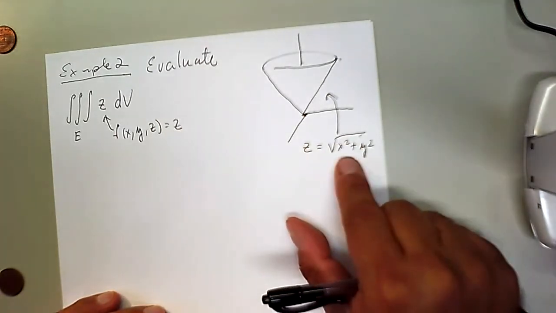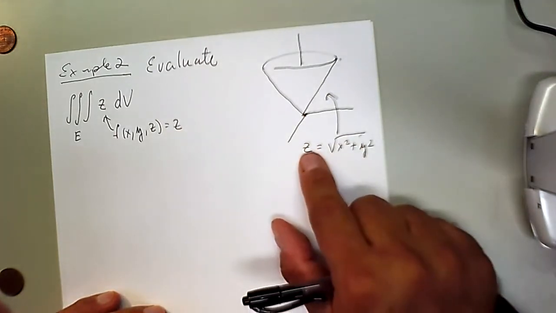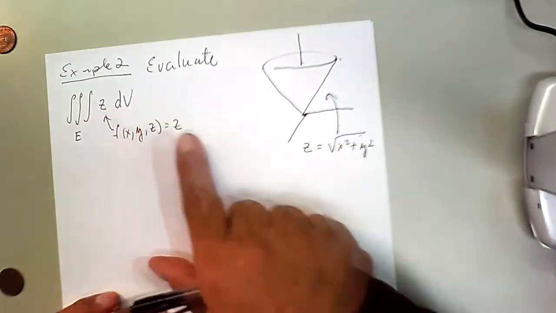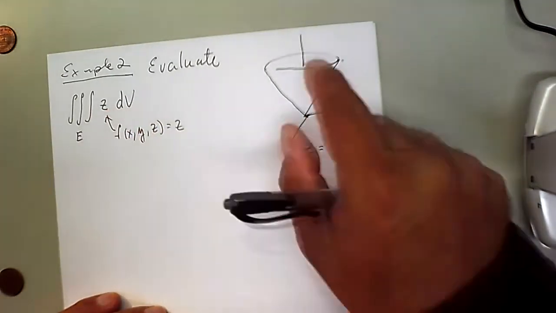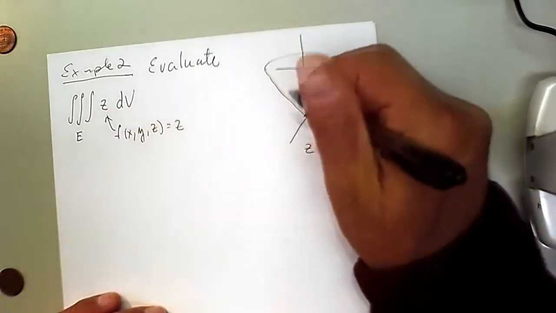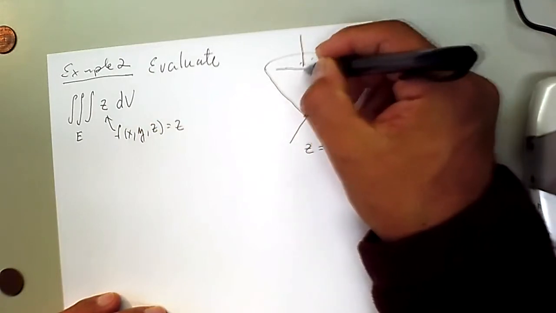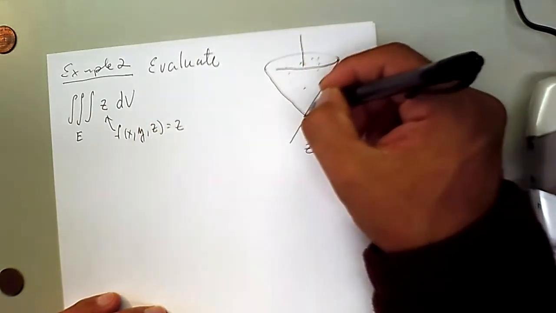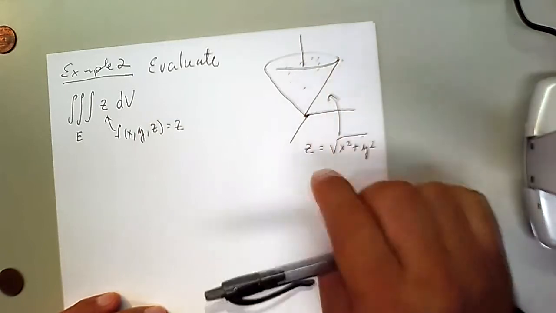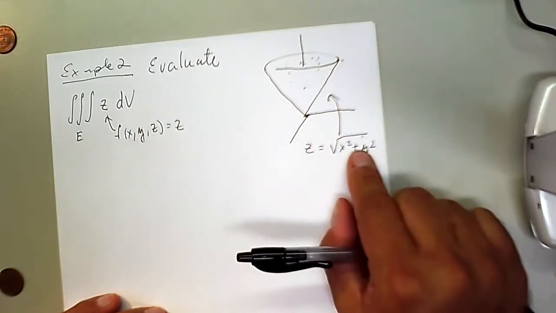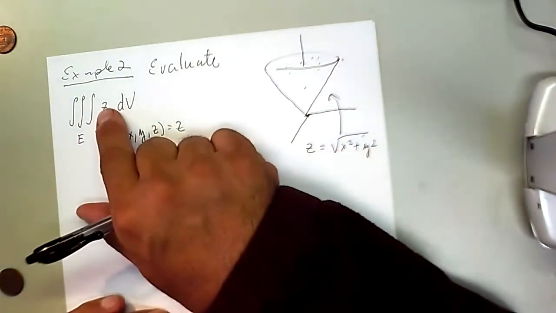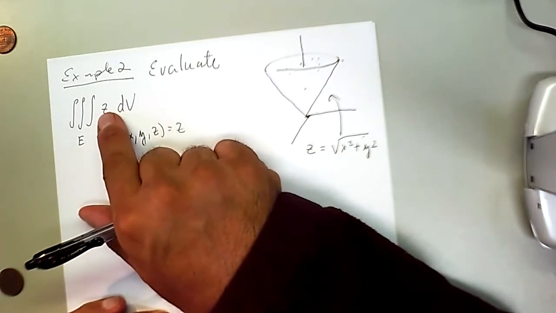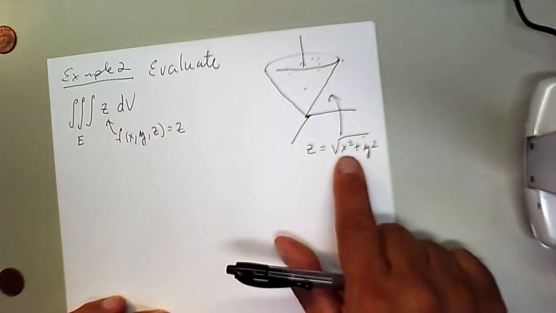This is the boundary. That z is the boundary. So watch out, that z is not equal to that z because this function is evaluated everywhere inside of the cone. It doesn't have to be right on the boundary. On the boundary, it is true that z is equal to that. But the output of the function is not equal to that every time.